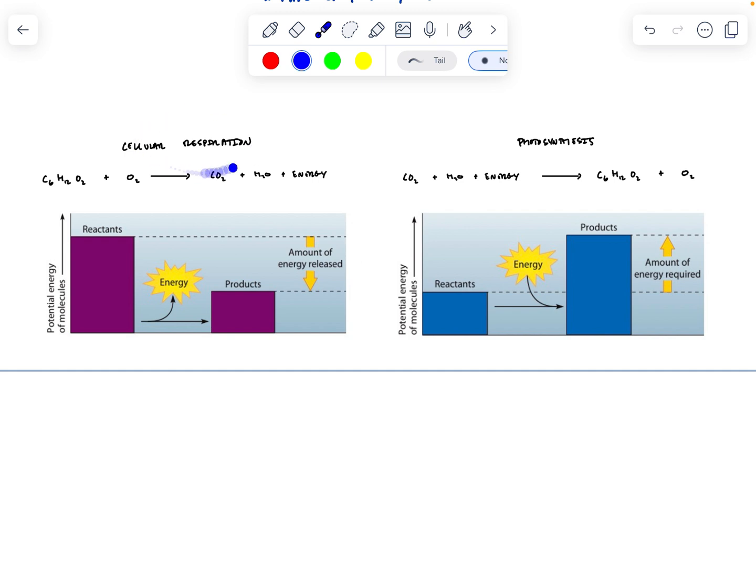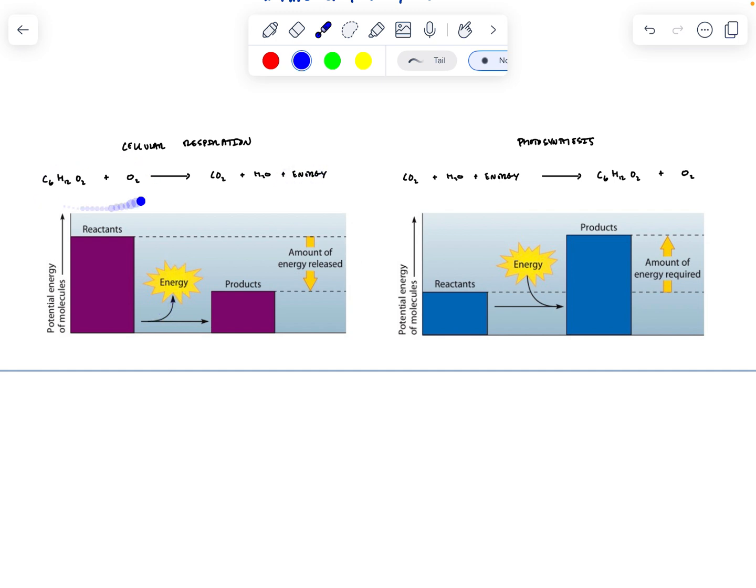Cellular respiration is the way that we take glucose, the energy of glucose, and we convert it into usable cellular energy, ATP. And you'll see here that the reactants, so glucose and oxygen, have higher energy than the products, which are carbon dioxide, water, and some energy is released in this process.